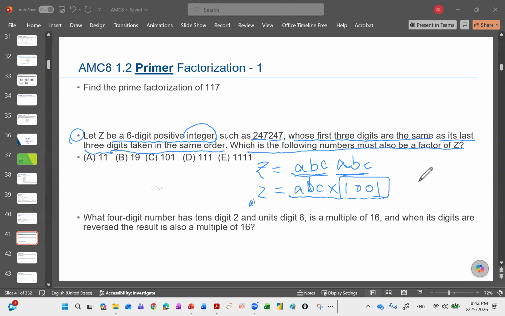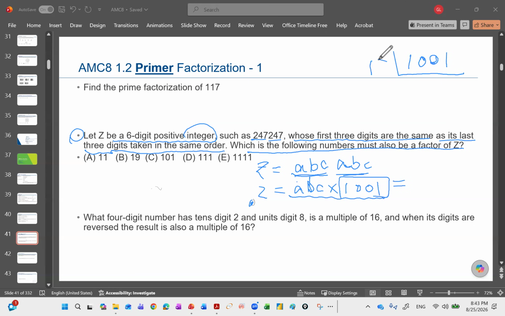1001 can be divided by what? Do you guys have any idea? Let's check. It cannot be divided by 2. It cannot be divided by 3, right? It's an odd number, and the sum of its digits is not divisible by 3. But we'll find out. For 1001, can you guys find any factor?